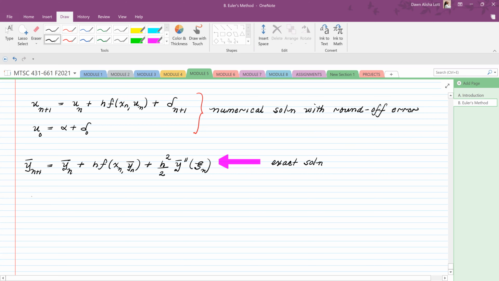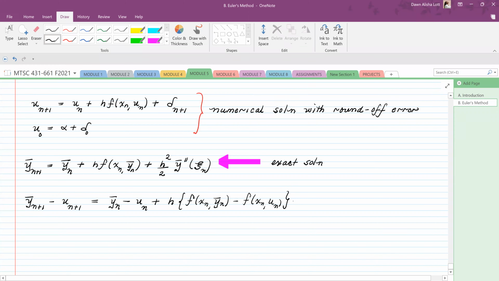Okay, and then we have y bar n plus 1 minus u n plus 1 is going to equal y bar n minus u n plus h times f of x n, y bar n minus f of x n, u n.